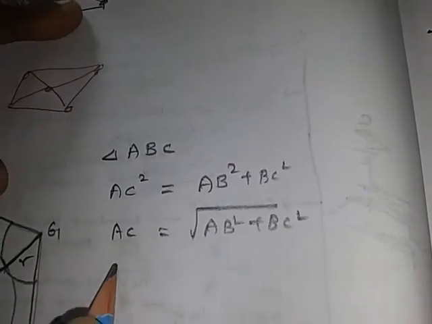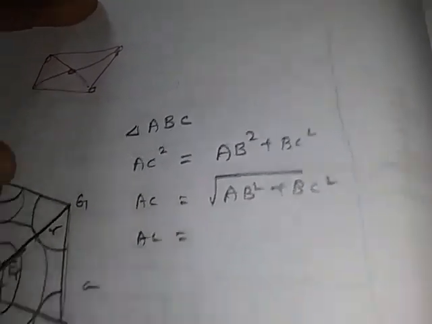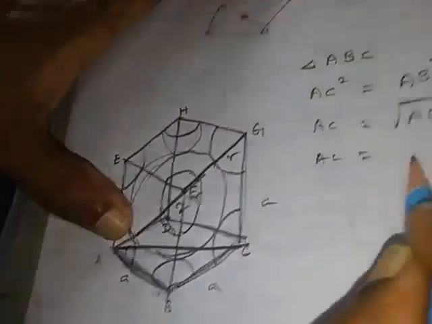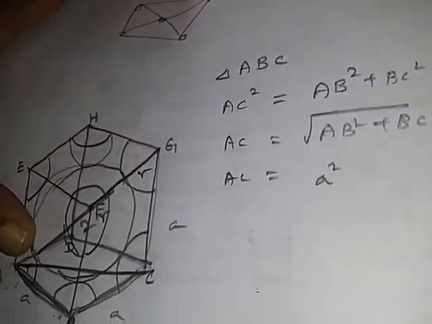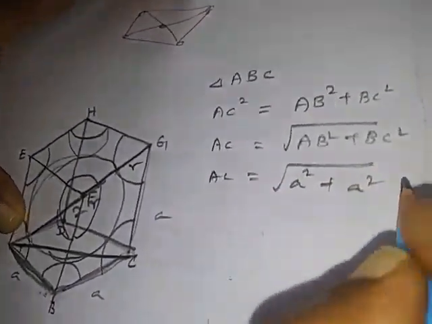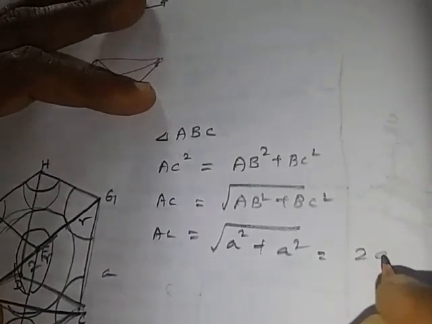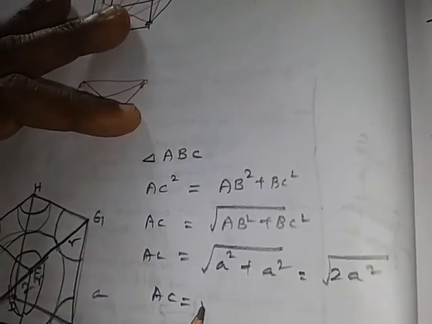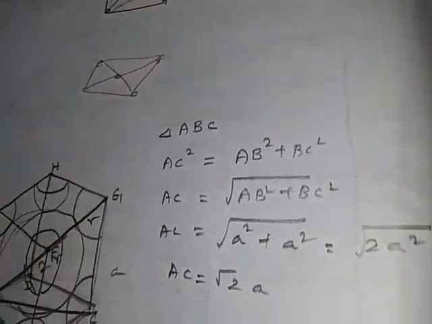Here AB, the edge length, is A, so A squared, and BC is also A, so A squared. So here it is 2A squared and AC equals the square root of 2 times A.